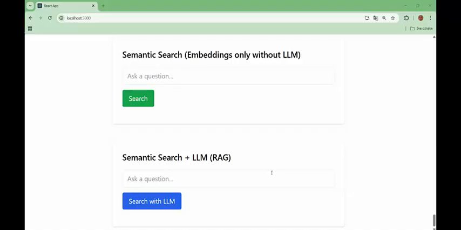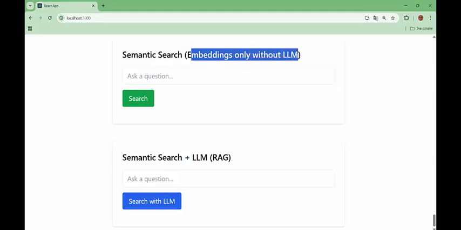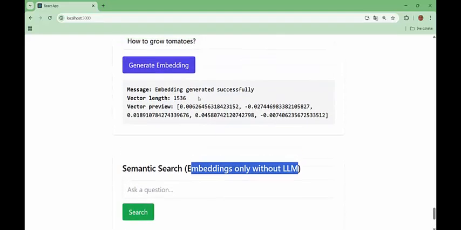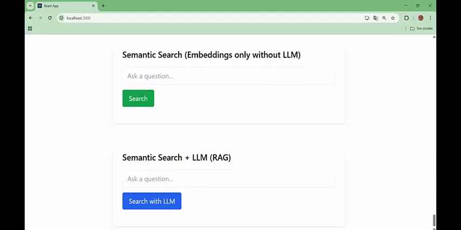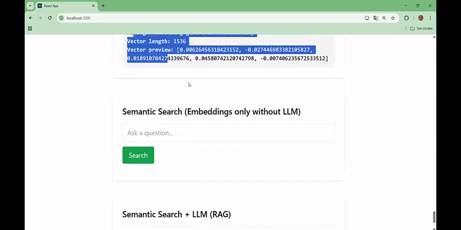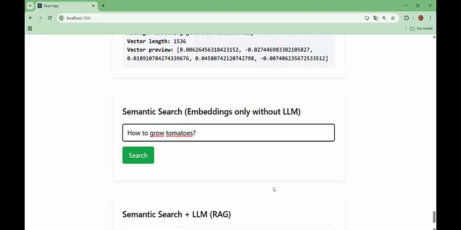Now we demonstrate a case study of semantic search with embeddings only, without an LLM. The previous example was also only the embedding model without an LLM, but now semantic search happens.